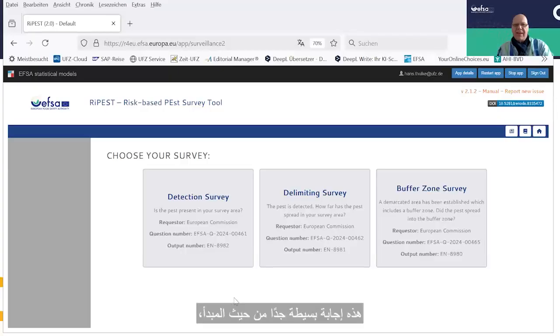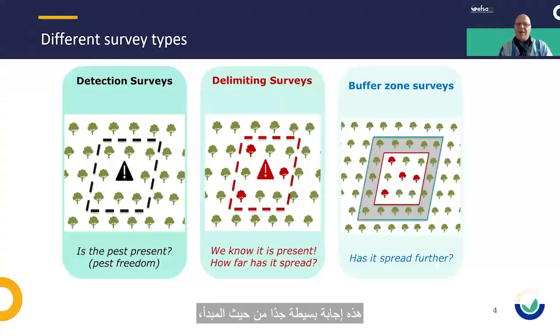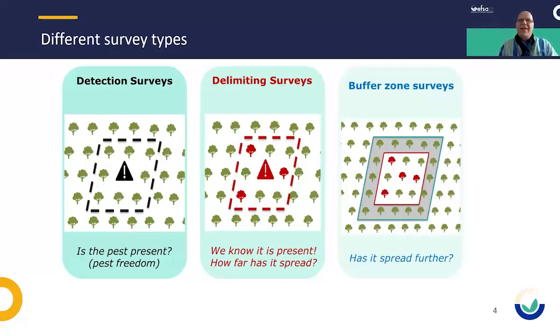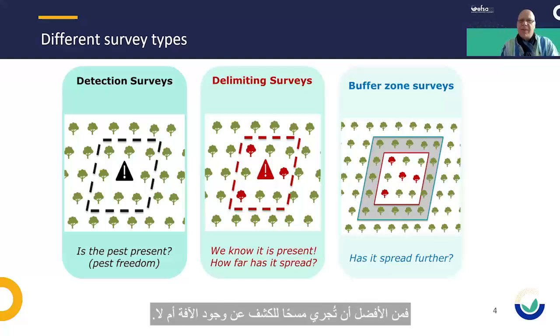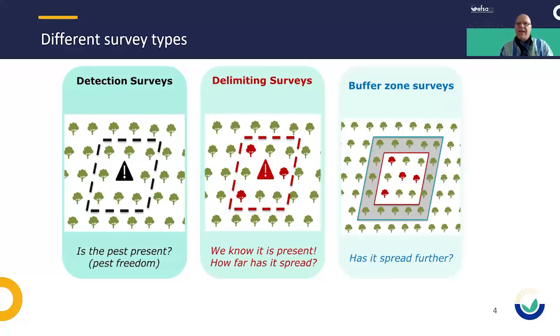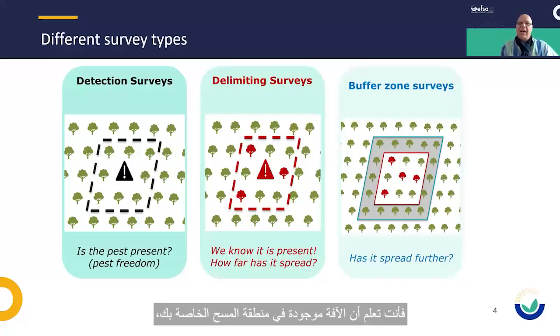Yes, I can try. That's in principle a very simple answer, because the appropriate survey depends on your knowledge about the pest. If you know nothing about the pest in your survey area, then you should try a detection survey and test whether the pest is there or not. If during this survey you find the pest, then you know the pest is in your survey area.